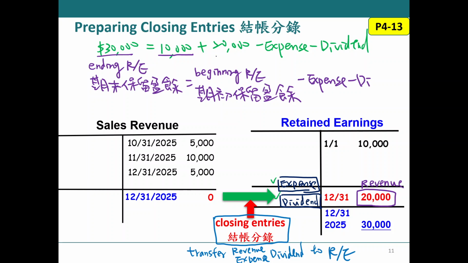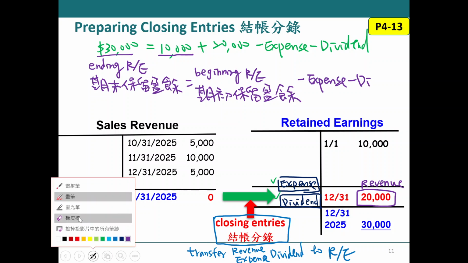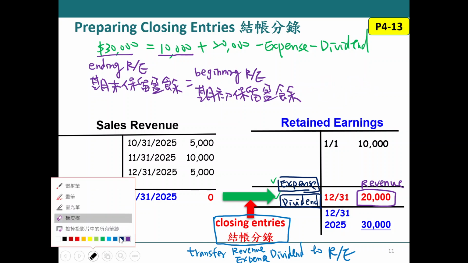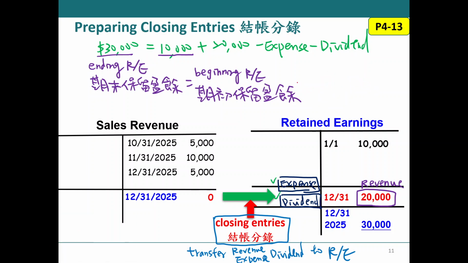Oh, sorry, I have revenues, I forgot. So plus revenues. Minus expenses, minus dividends.